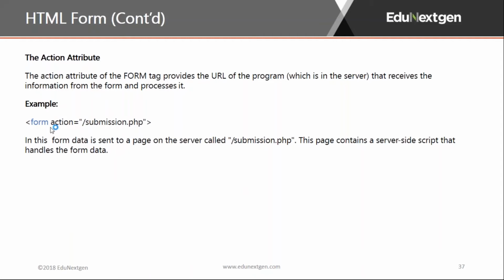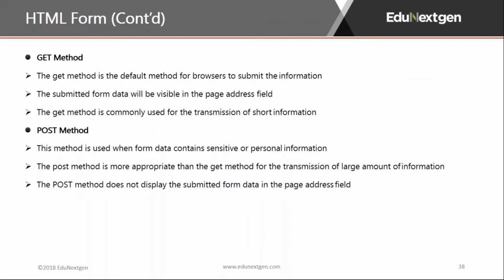We have given an example, form action slash submission.php. This is a URL for a submission.php script file. It will process the data submitted from our form, and it will give a result after processing the data. So we have two methods, get and post.